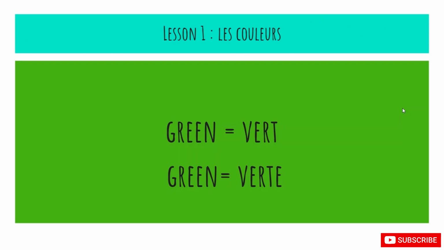But in French it's j'ai une voiture verte because voiture is feminine. So we will add an E at the end of the word. So instead of vert, it's verte. For example, I have a green shoe. So j'ai un soulier vert. It's not j'ai un soulier verte because it's masculine. J'ai un soulier vert.